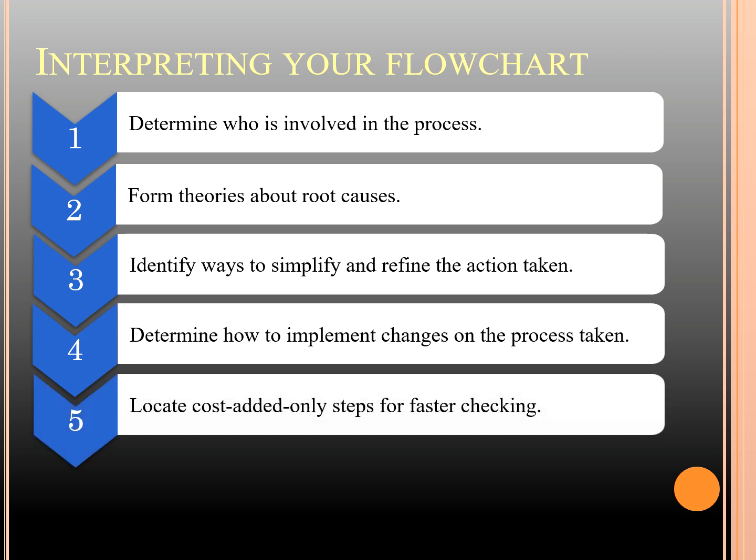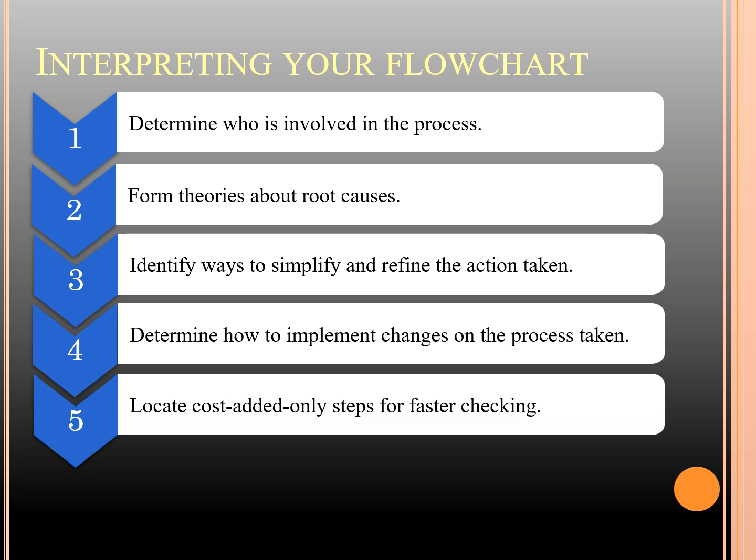So interpreting your flowchart, we have a couple of steps to interpret the flowchart. First is to determine who is involved in the process. The next step is to form theory about the root cause. The third step is to identify ways to simplify and refine the actions taken.